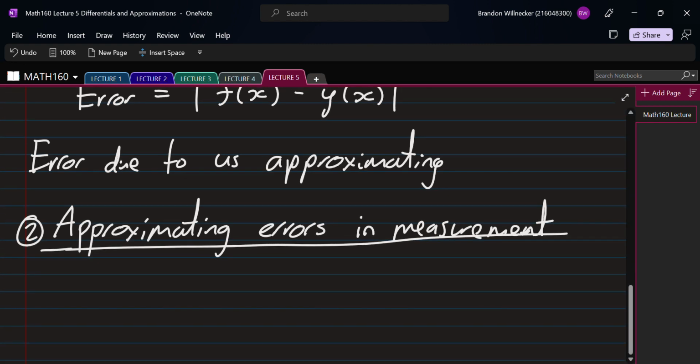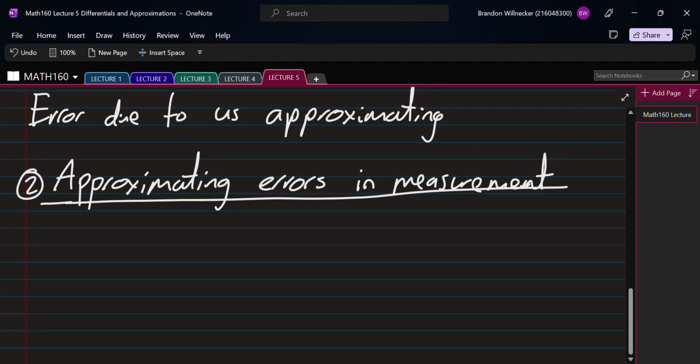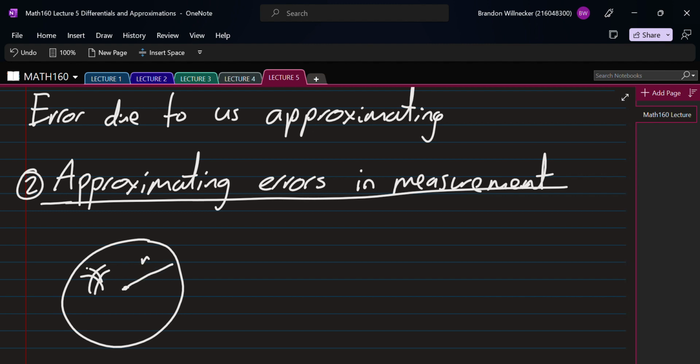Let's say we have a sphere of radius r. Just imagine we've got ourselves a sphere and it has radius r. We can calculate the volume V as 4/3 pi r cubed. That's if we know the radius exactly. But what happens if we don't know the radius exactly? What happens if there's an error in our measurement of the radius?